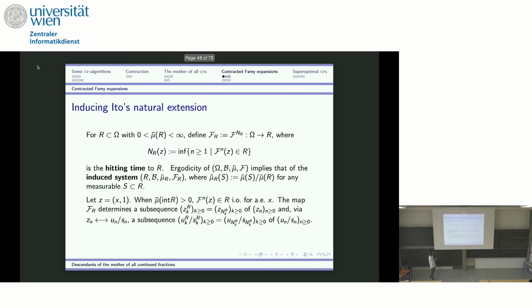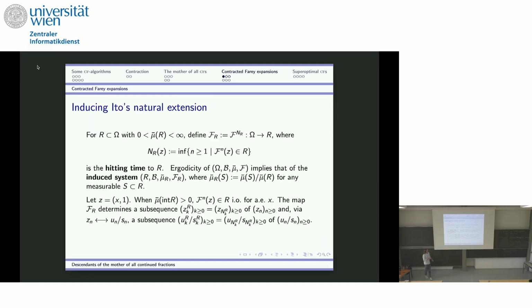So using this induced map, the map f sub R, this naturally determines a subsequence of the forward orbit of the point x comma 1 under the map script F. So you take the forward orbit of the point x comma 1 and just look at the subsequence that's entering the region R that we specified.